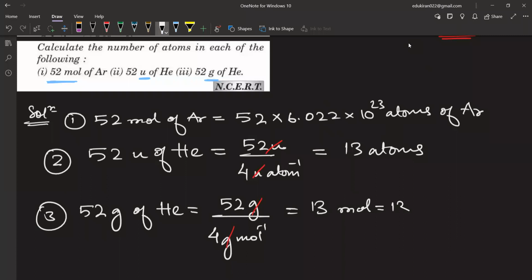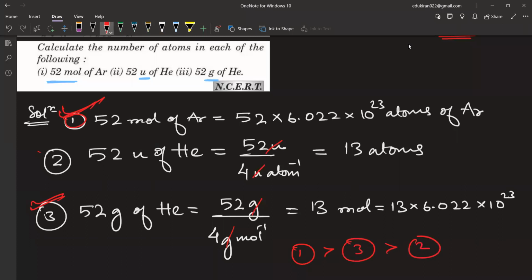This will be equal to 13 into 6.022 into 10 to the power 23. So in 52 moles of argon, we have the highest number. Then we have 52 grams of helium, and at last the second one. So first one has the highest number of atoms, followed by the third one, and followed by the second one.